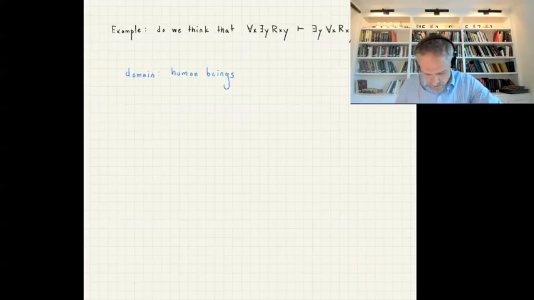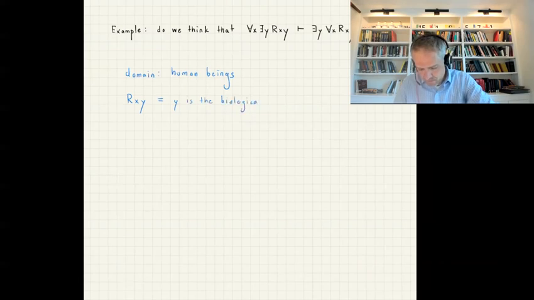So I'll choose Rxy to mean y is the biological mother of x. Okay, so then under that interpretation, the premise says for every human being x, there is a human being y such that y is the biological mother of x.